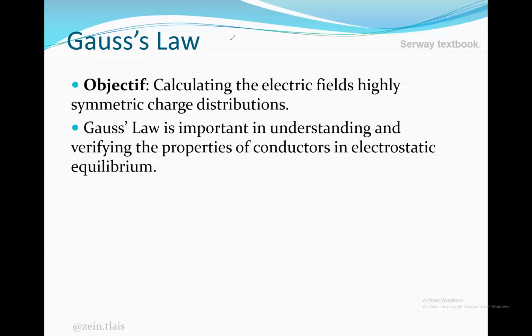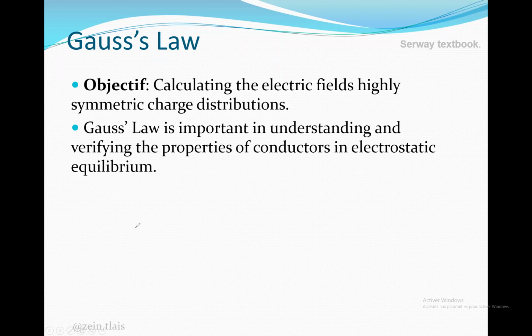Just a simple example of an object which does not have a symmetric charge distribution.